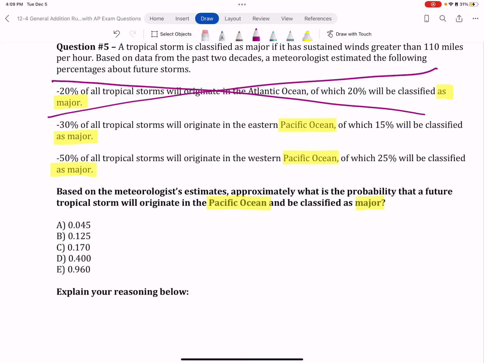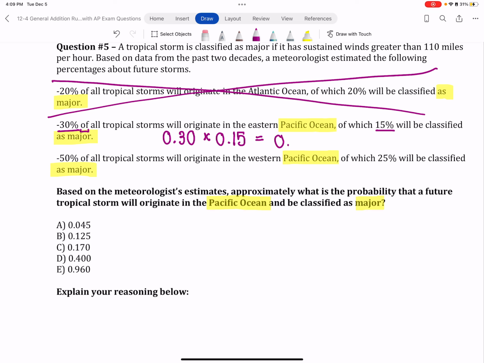So let's see. Well, we know from our earlier years of mathematical education that of tells us that we need to multiply this 30% as a decimal with 15% as a decimal. It's 30% of 15%.